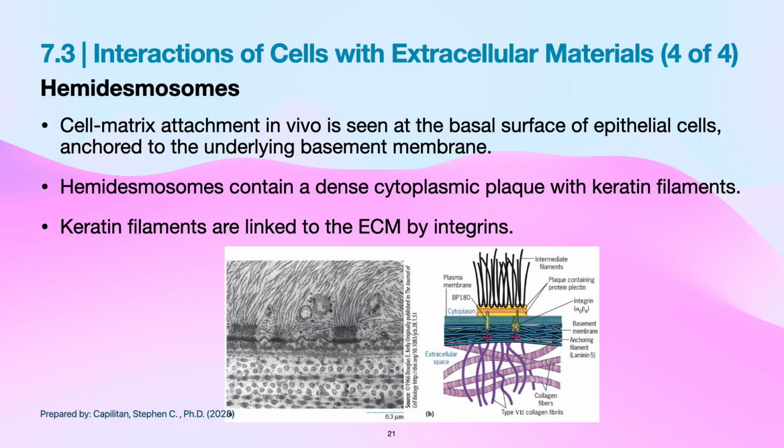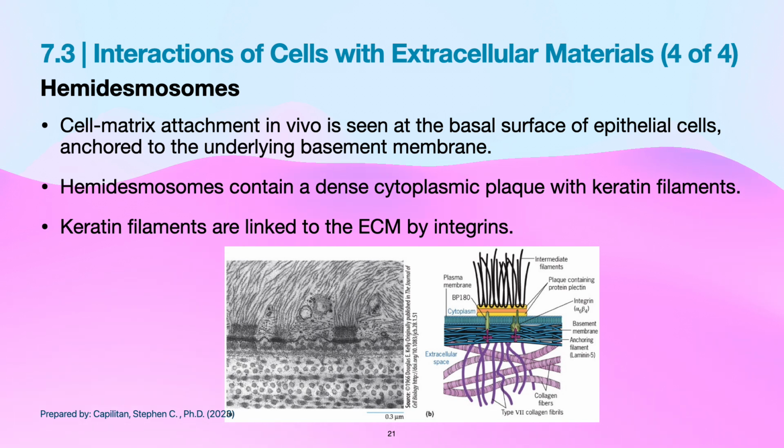Next is hemidesmosomes. Hemidesmosomes are differentiated sites at the basal surface of epithelial cells where the cells are attached to the underlying basement membrane. Showing you here the electron micrograph of several hemidesmosomes showing the dense plaque on the inner surface of the plasma membrane and the intermediate filaments projecting into the cytoplasm.